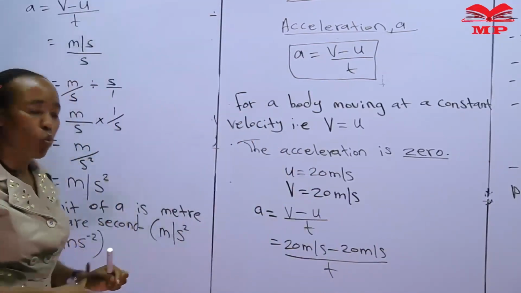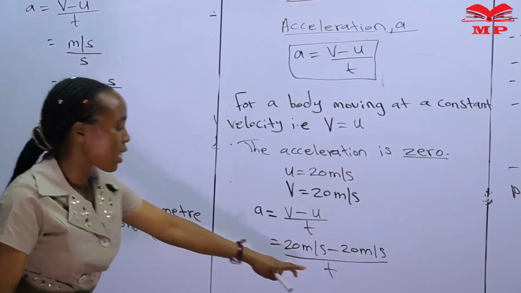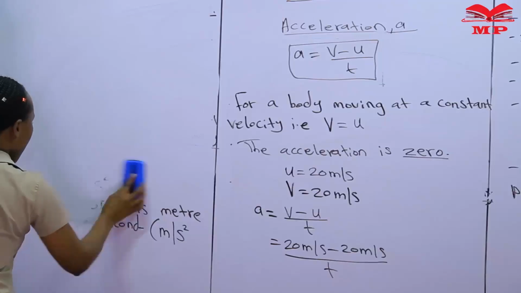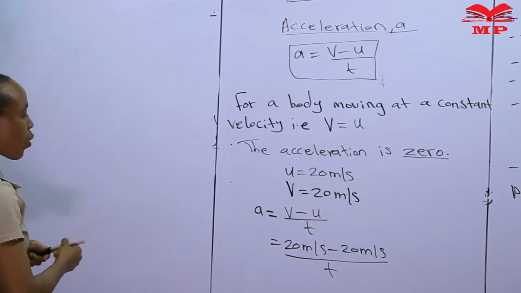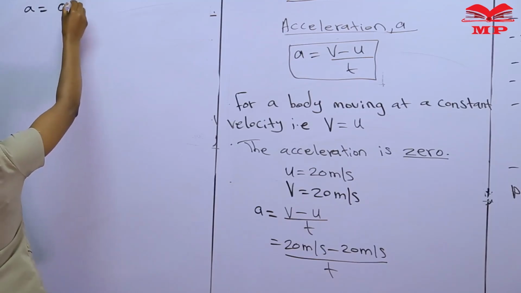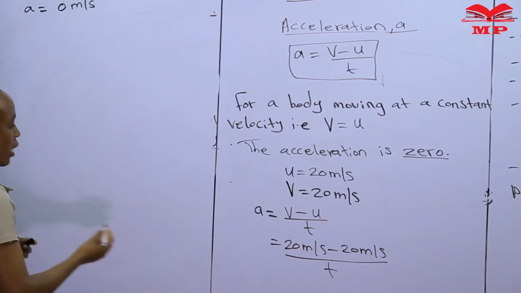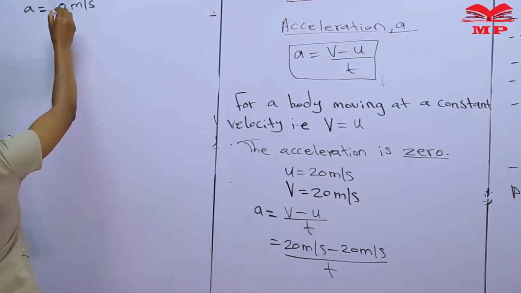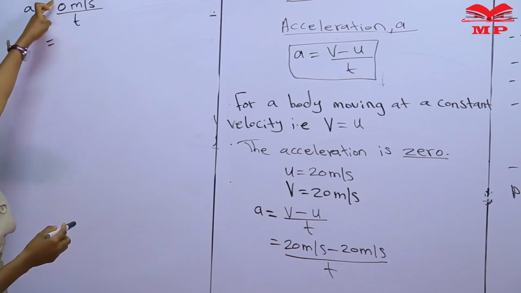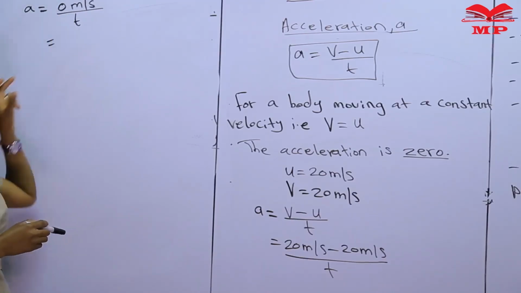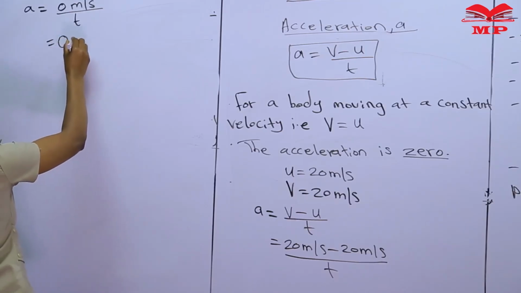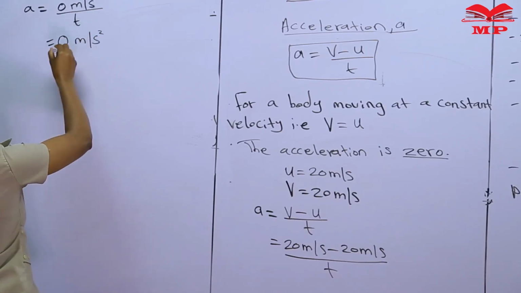The time taken can be 2 seconds, or whatever number of seconds. Therefore, acceleration will be 0 meters per second, that is the change, divided by the time taken. 0 divided by any number is equal to 0. And therefore the acceleration will be 0 meters per square second.